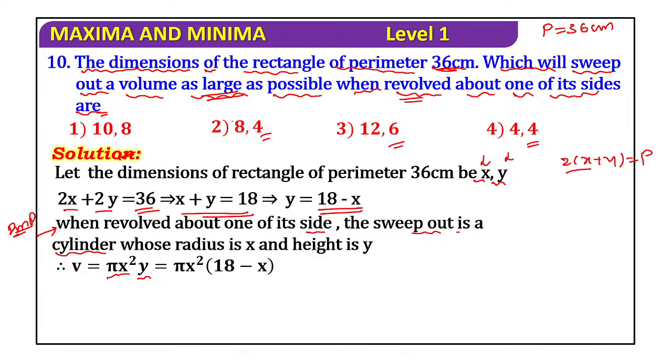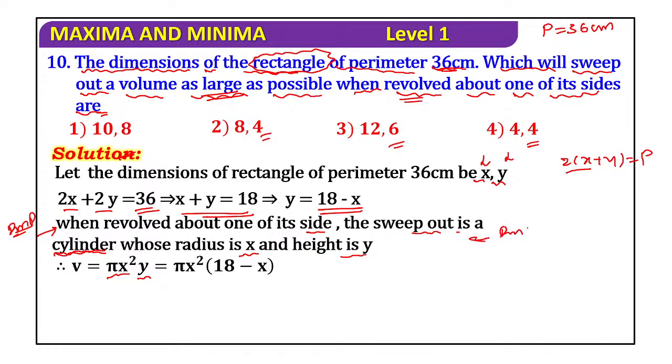So whenever you revolve the rectangle, it will form a cylinder whose radius is x and height is y.